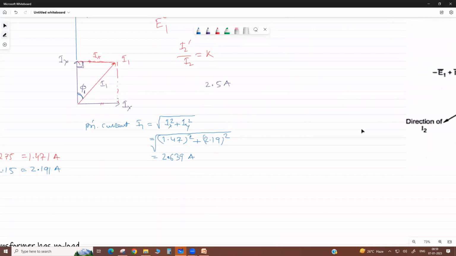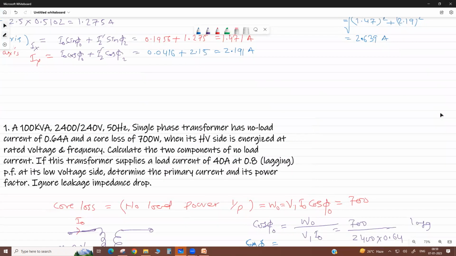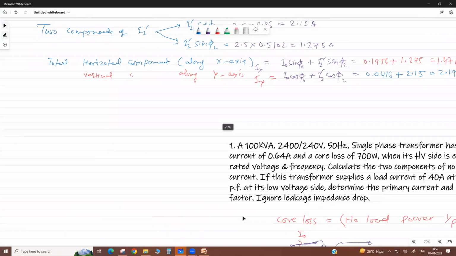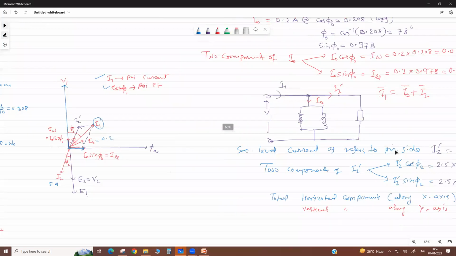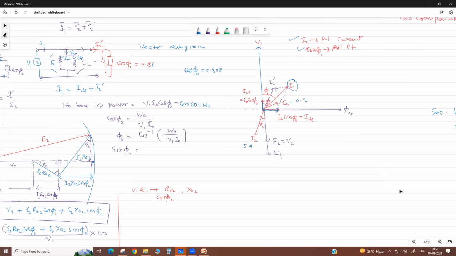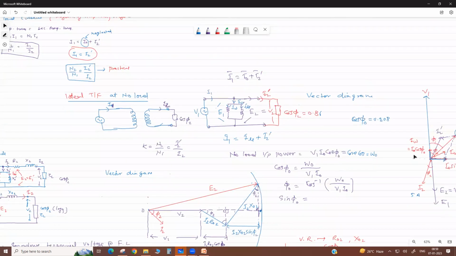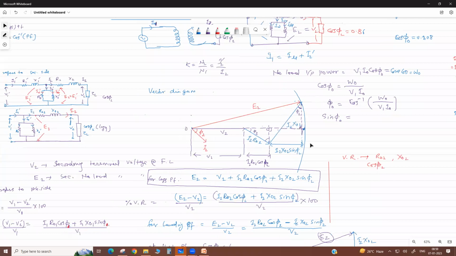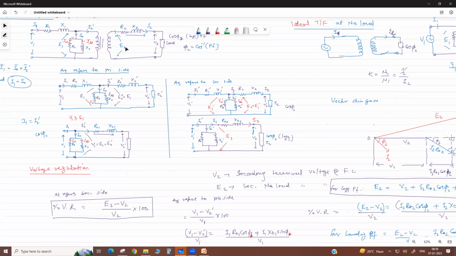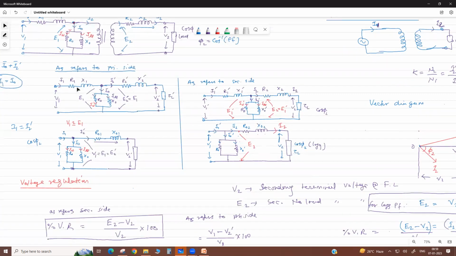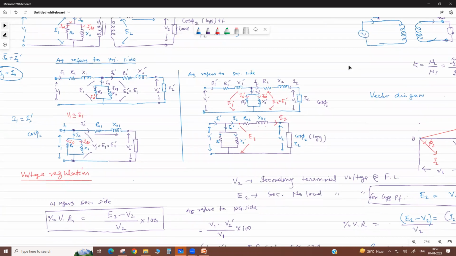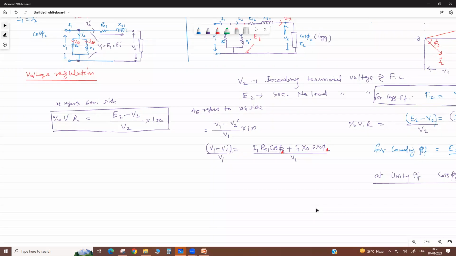You come to here again. When we transfer from secondary to primary side or primary to secondary side, we continue to extend this.